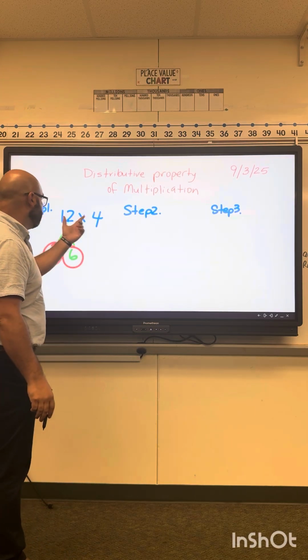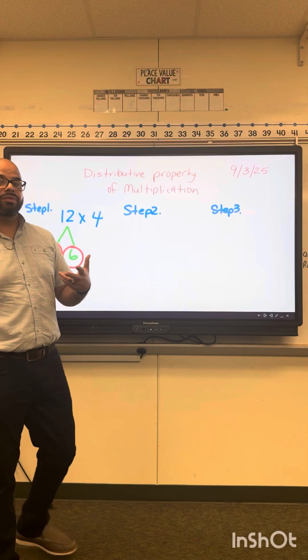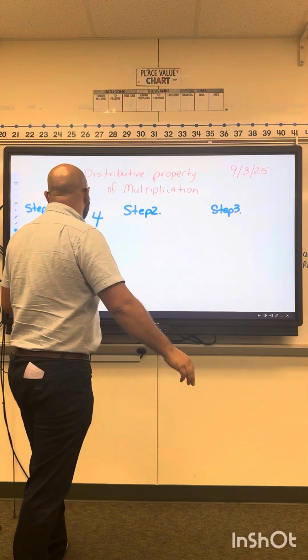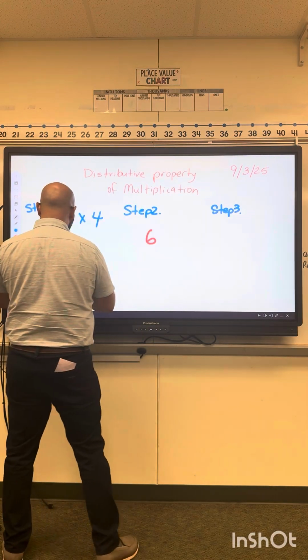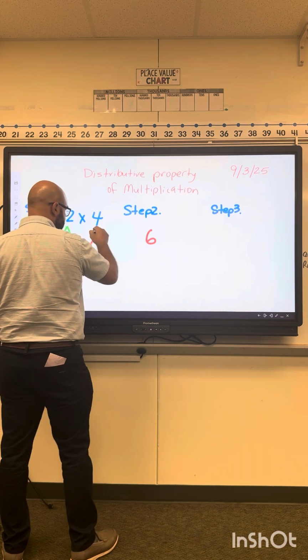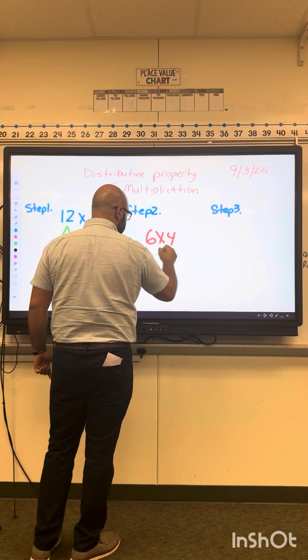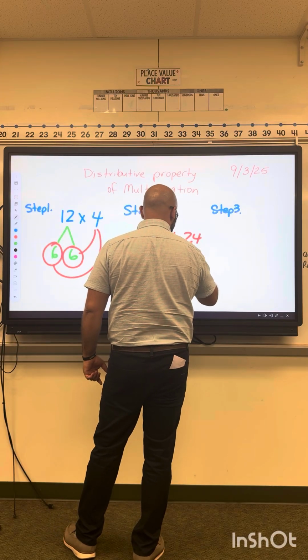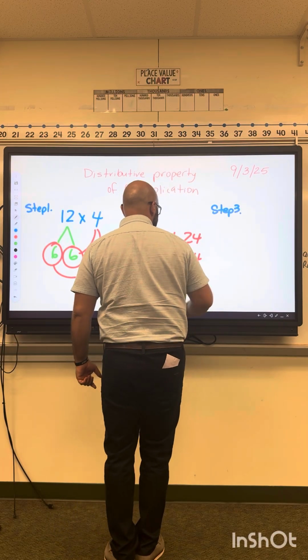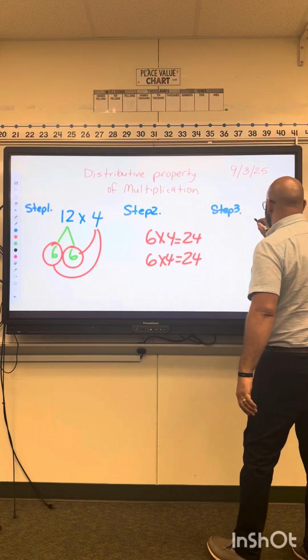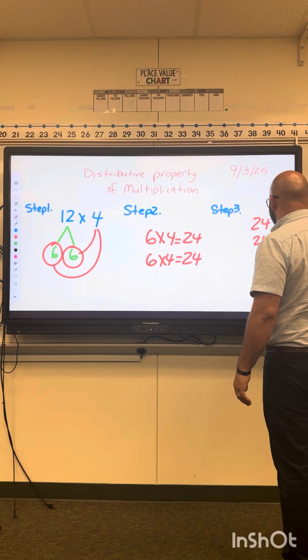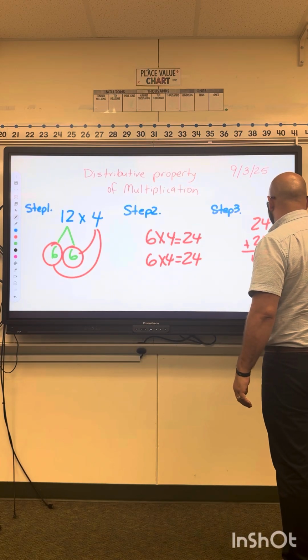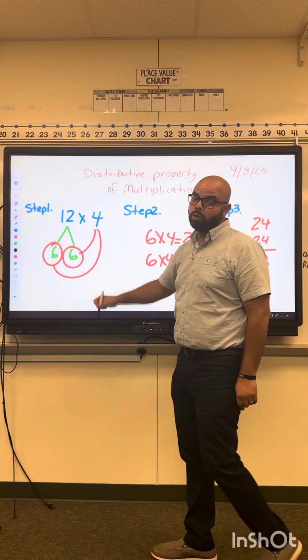Now 6 times 4 and 6 times 4 are two basic facts they kind of know. So each 6 gets a turn with the 4: 6 times 4 and 6 times 4, which is 24 and 24. Then in step 3, they added them together. 24 plus 24 gives you 48, which is the answer to 12 times 4.